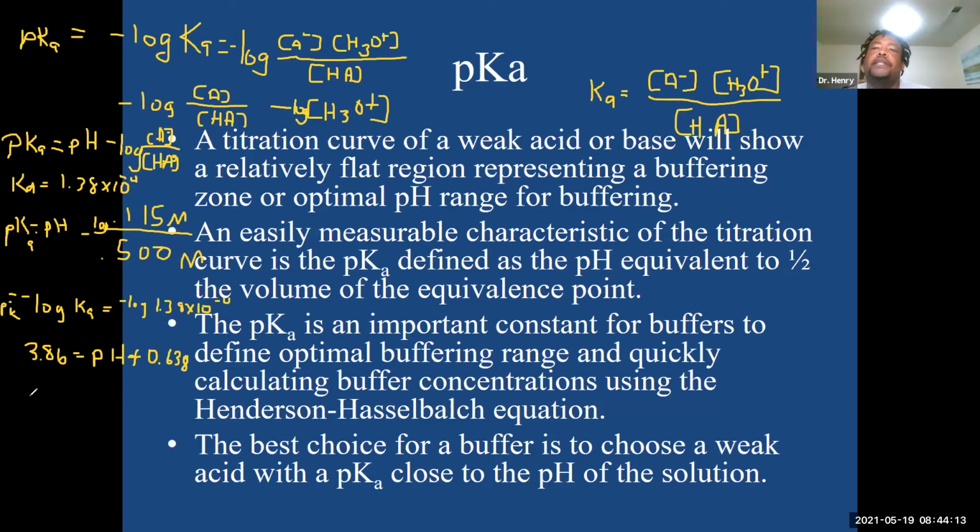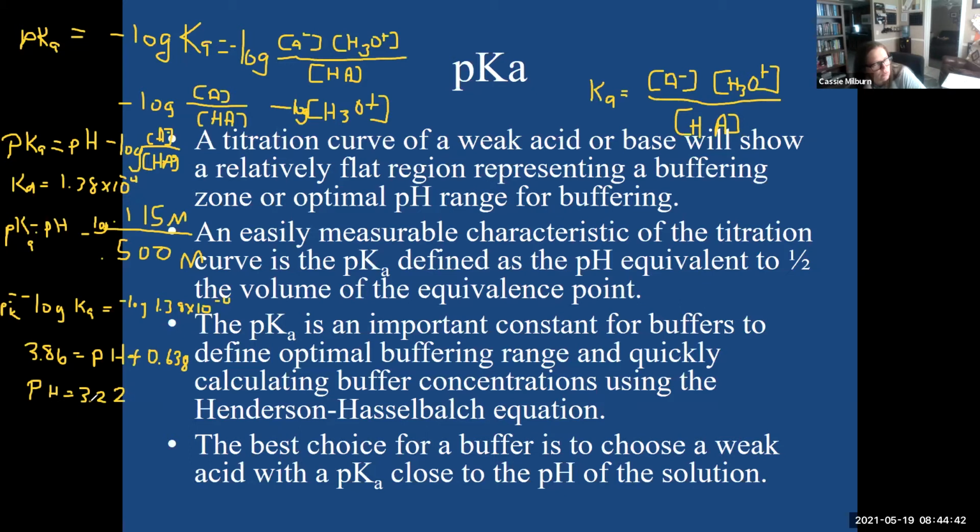So then pH is going to equal 3.222. Oh, you're subtracting it. Yep. It's the negative log of it.